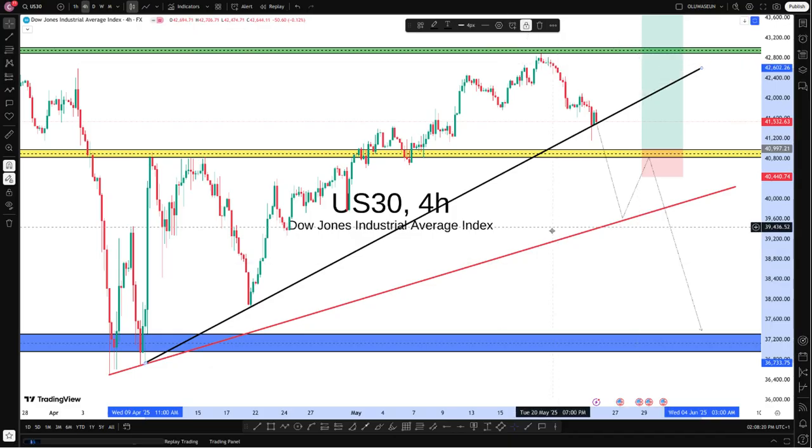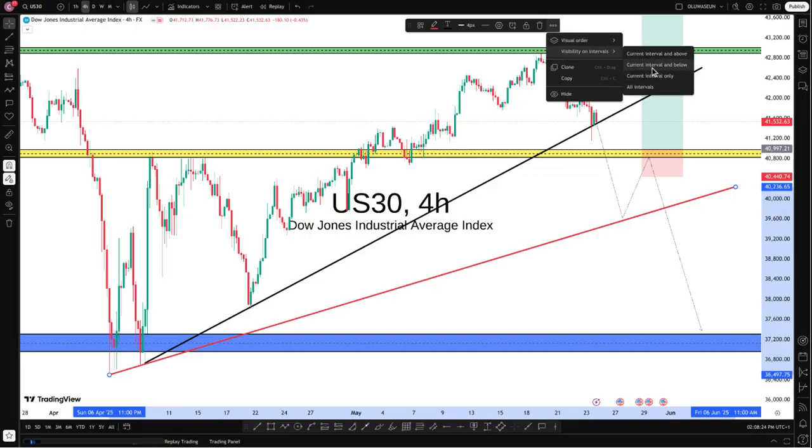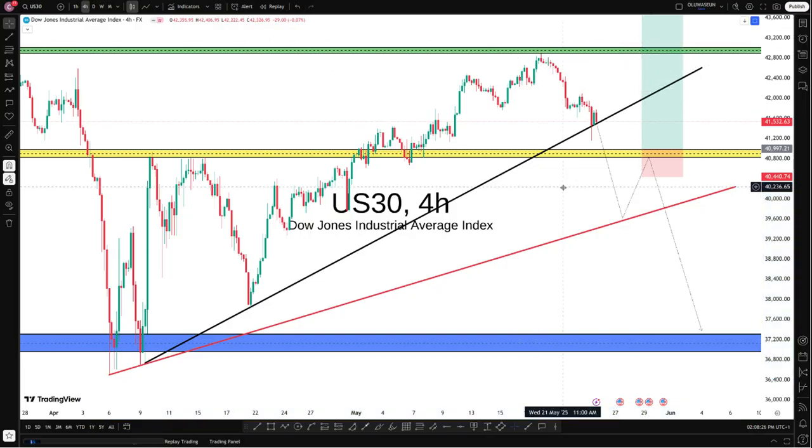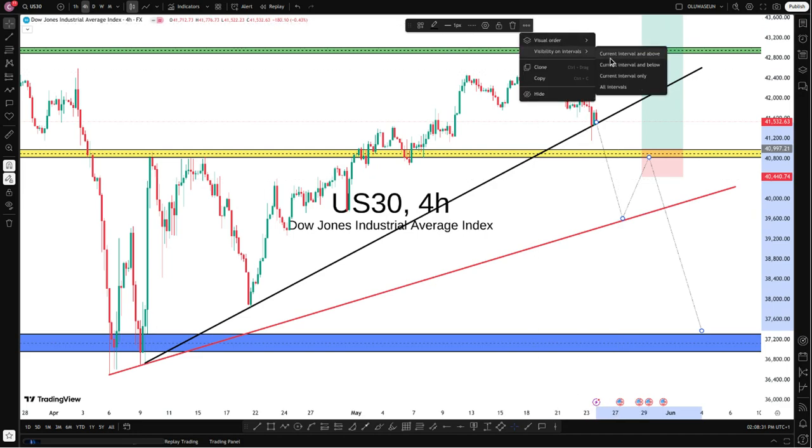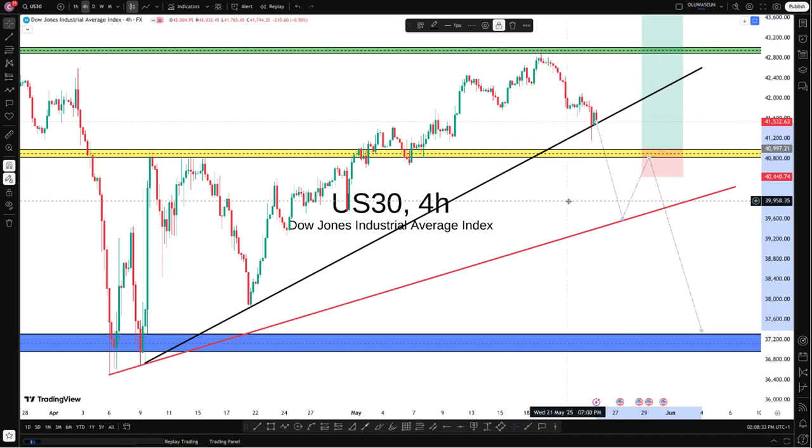So this is just one of the analyses I have in mind for US30, and I'm going to be slightly looking into this formation because I don't want to make any mistake. I want to be as precise as possible on the outcome because it's a little bit tricky.